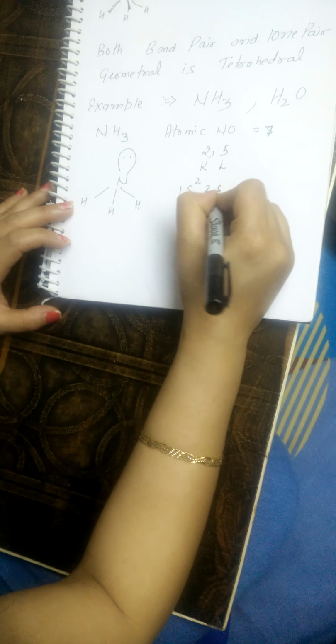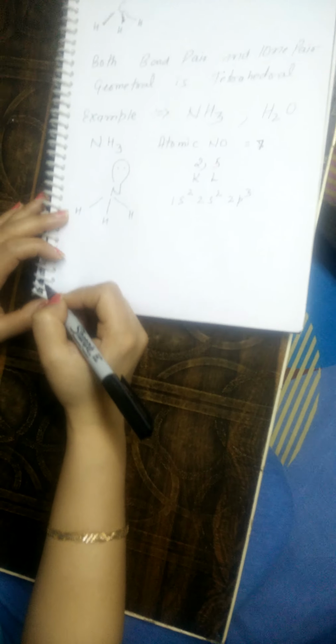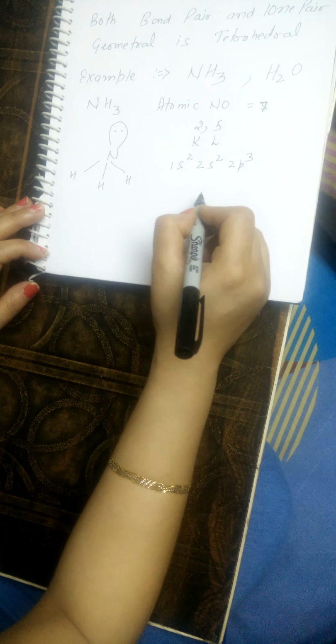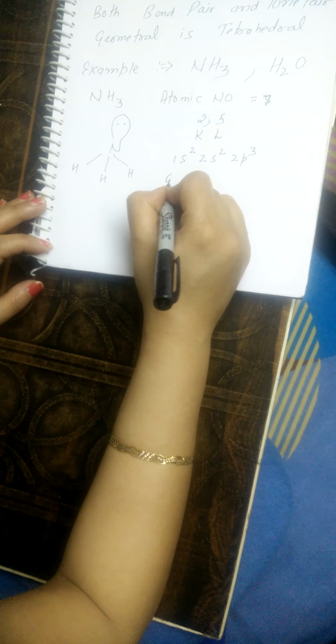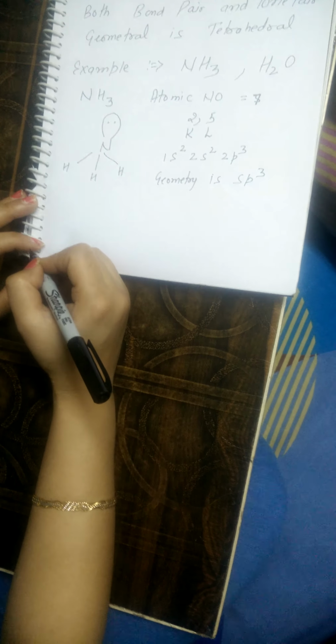Or we can also write it like 1s2, 2s2 and 2p3. So it is having a lone pair and the 3 bond pairs with the hybridization that is sp3, or we can say geometry is sp3.